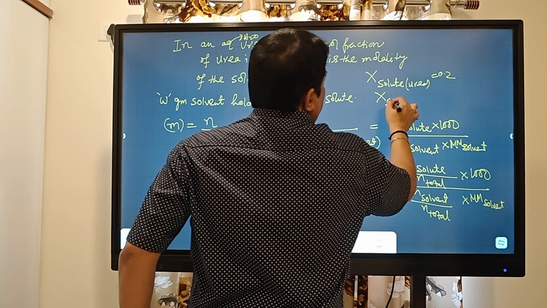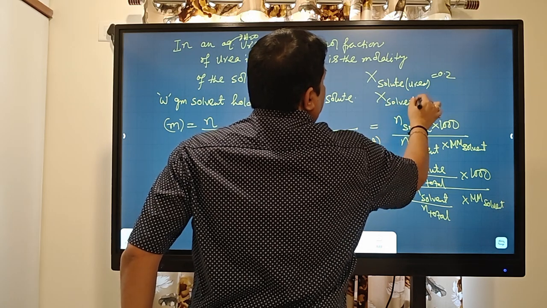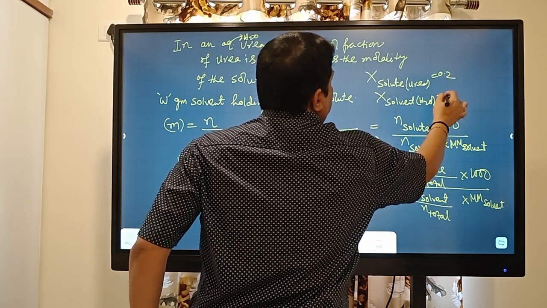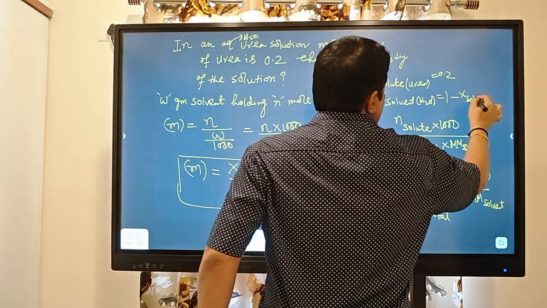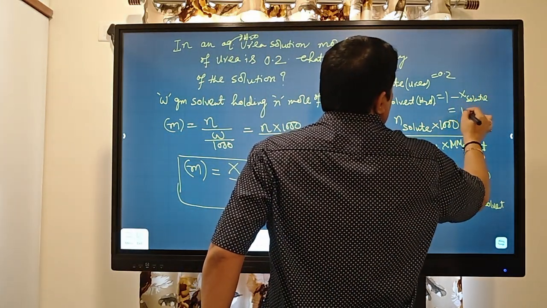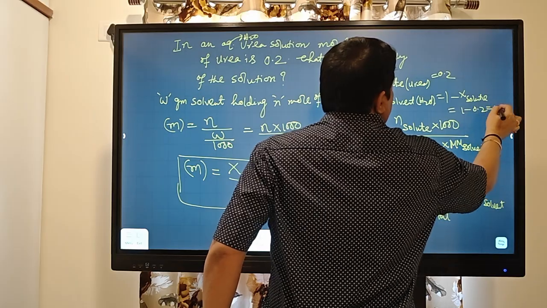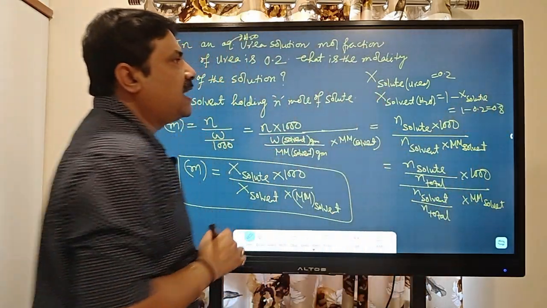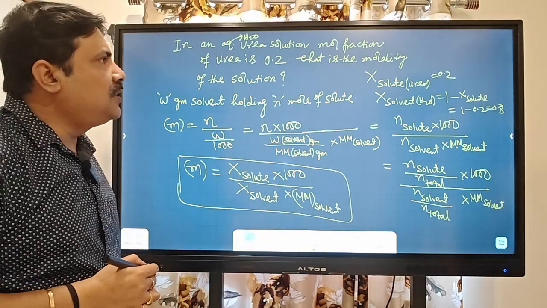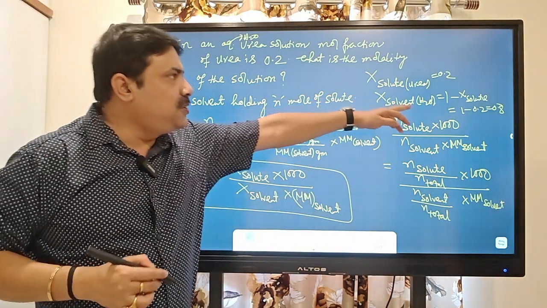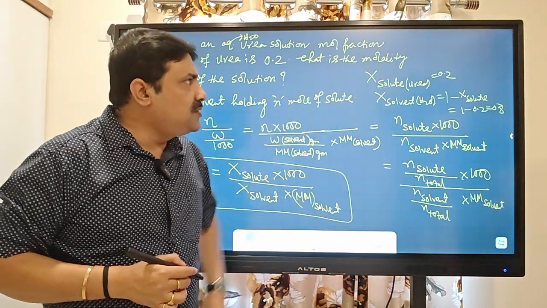Then the mole fraction of solvent, which is water, will be 1 minus the mole fraction of solute, which is 1 minus 0.2, which is 0.8. So the mole fraction of solvent is 0.8 and the mole fraction of solute is 0.2.